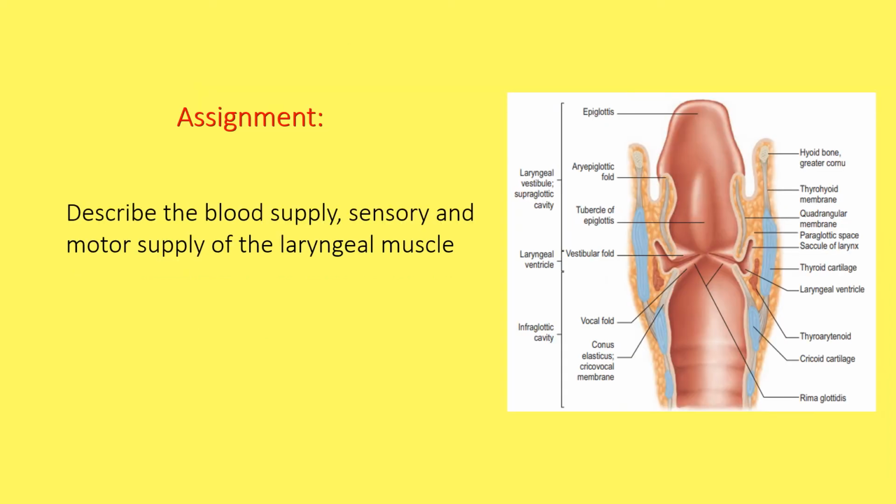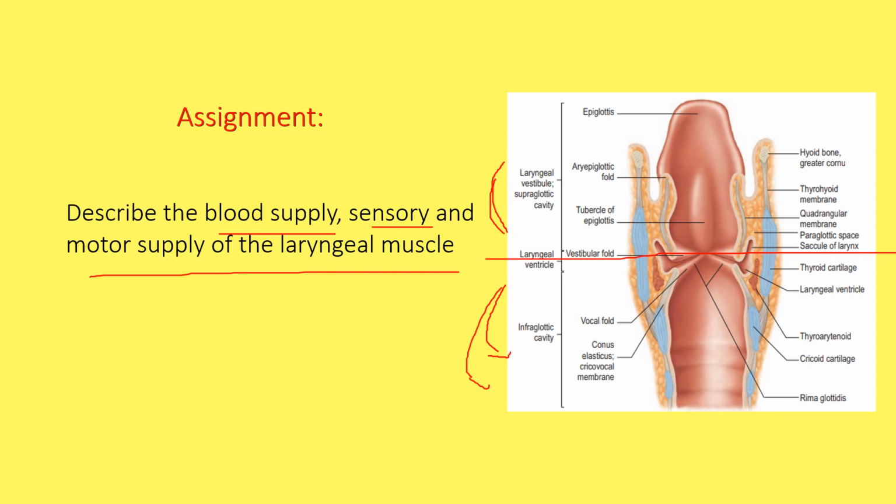So another assignment for you: you can try to describe the blood supply, the sensory, and the motor supply of the laryngeal muscles. I just want to mention, when you do this assignment, you will notice that the sensory and blood supply is divided into the upper part of the larynx and the lower half of the larynx, or the one above the vocal cord and the one below the vocal cord.